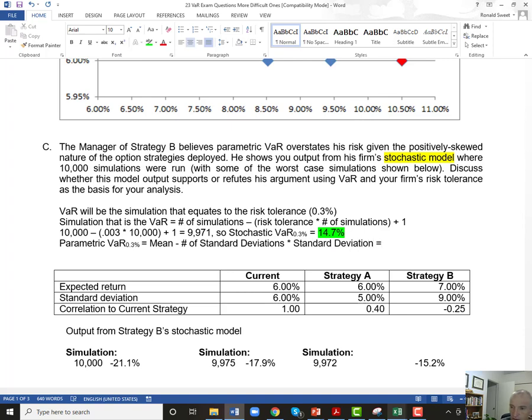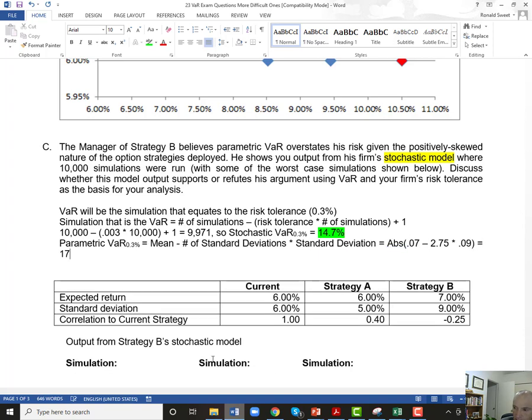Remember here, the expected return is 0.07 minus, we're doing 2.75 standard deviations times 0.09, and when we do that, we'll get our number, and remember, we take the absolute value of that, and that is going to equal 17.75%.